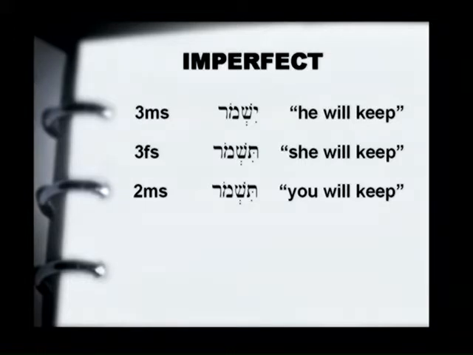So when you see tishmor and you're asked to parse it, and it's isolated, not in a sentence, you have to give both parsings. It is third feminine or second masculine singular. You'd have to identify that. Context in translation would identify which it is.